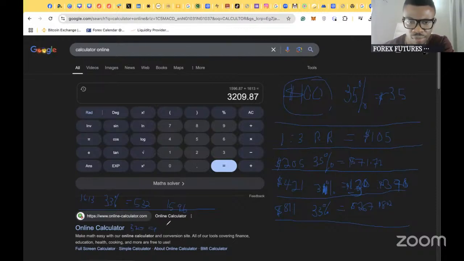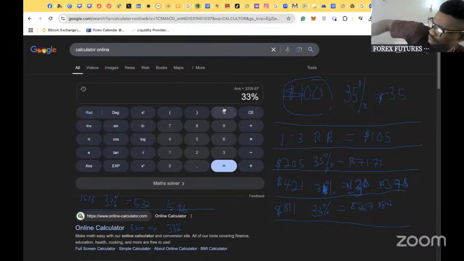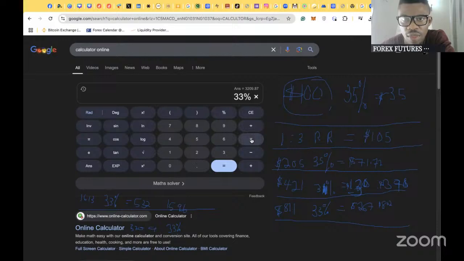We risk 33% of 3,209. That will be, we are risking 1,058.